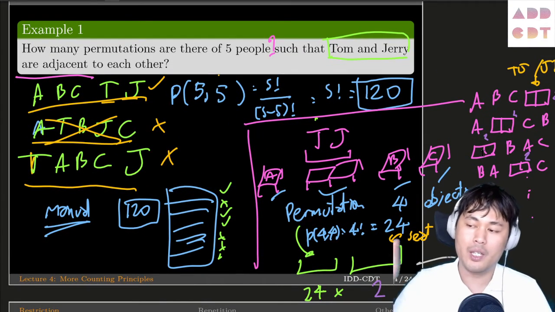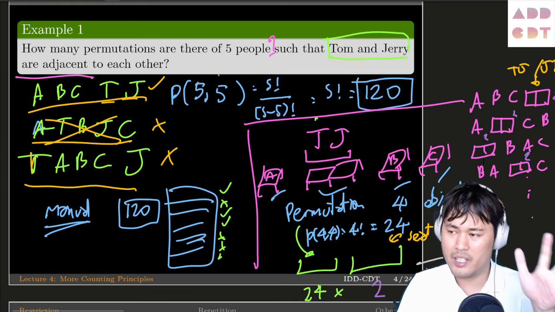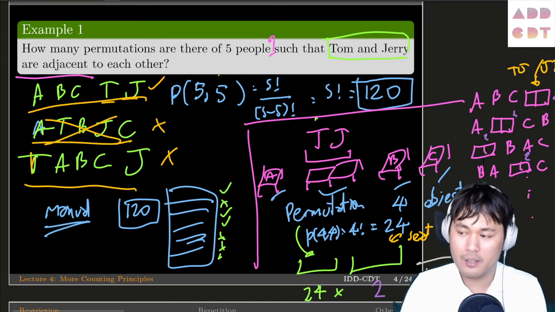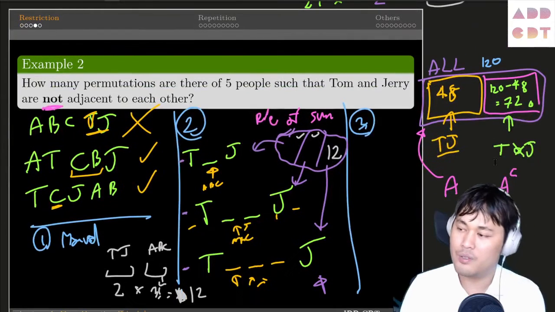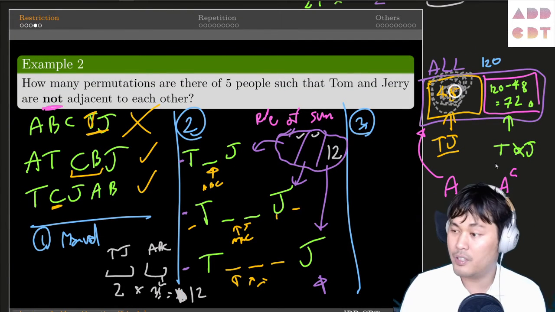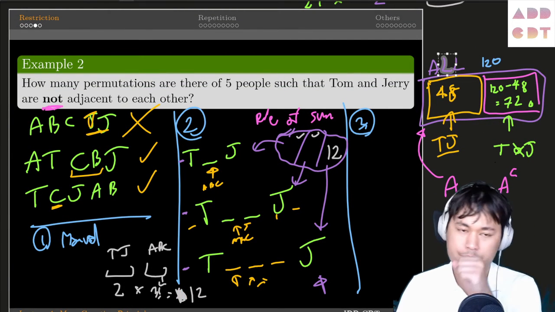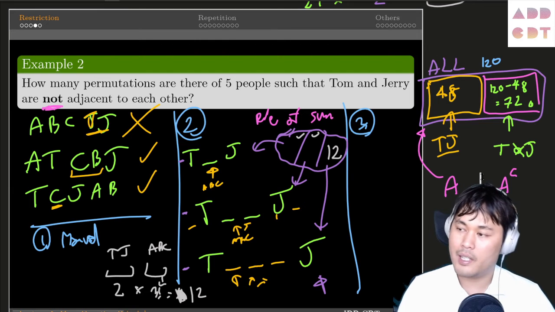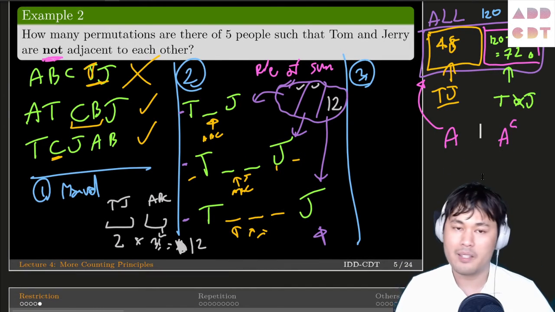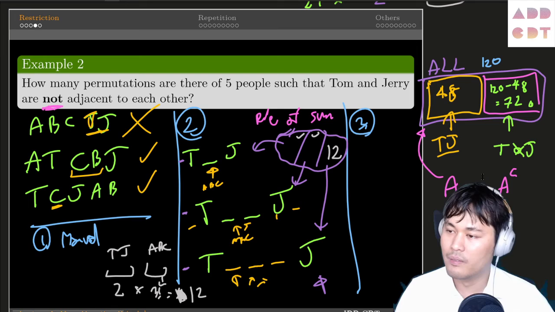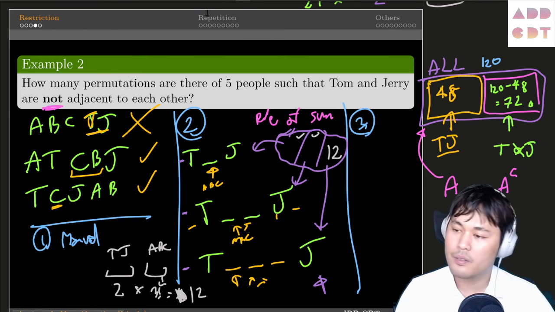You have to count how many ways there are that Tom and Jerry are adjacent to each other, and then use that 48 to compute this. Right, so that's another example that might help you see what kind of technique we can use.